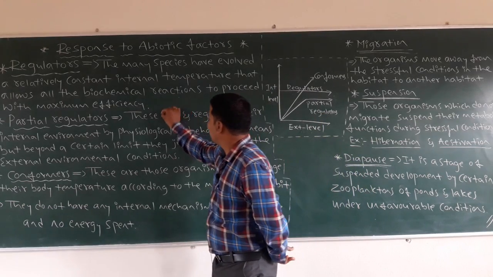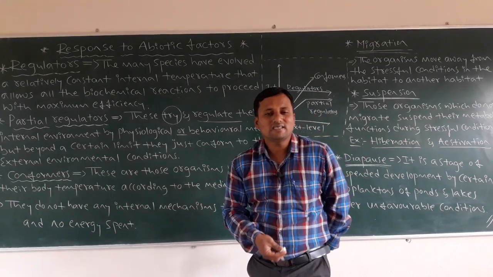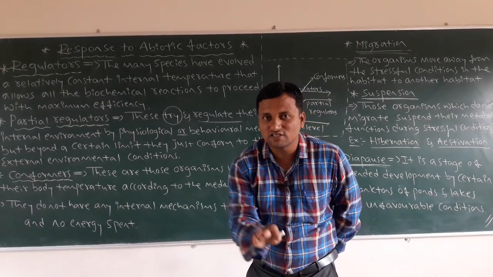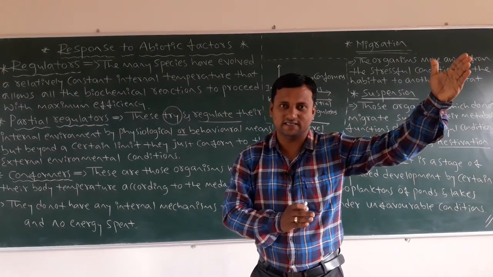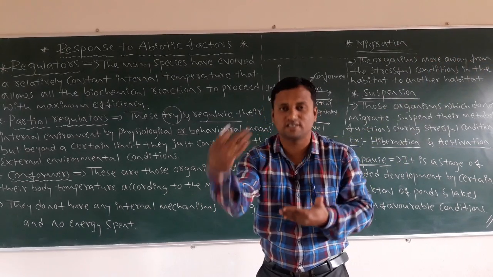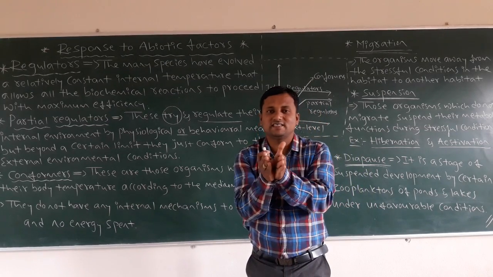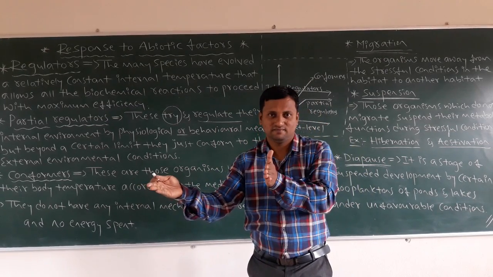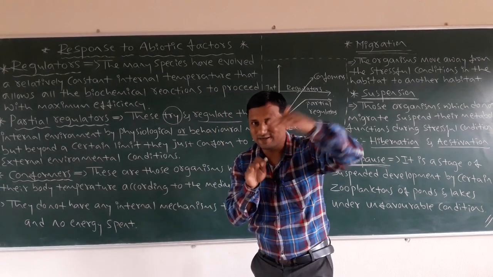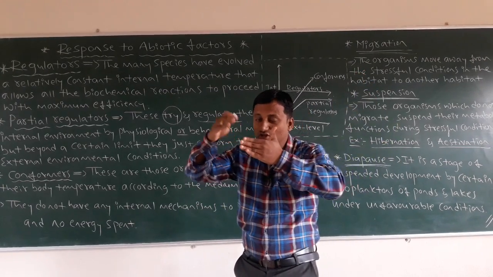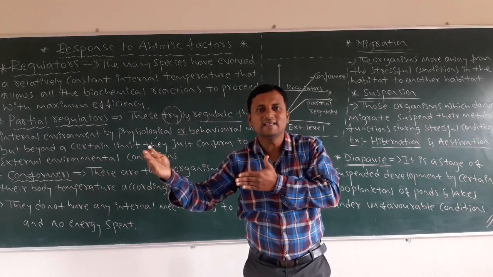Regulating means they do not always remain constant in response to external conditions; they try to respond. Why? They must have the efficiency and capacity to respond up to that extent. If it goes beyond their limit, then they do not give any response.